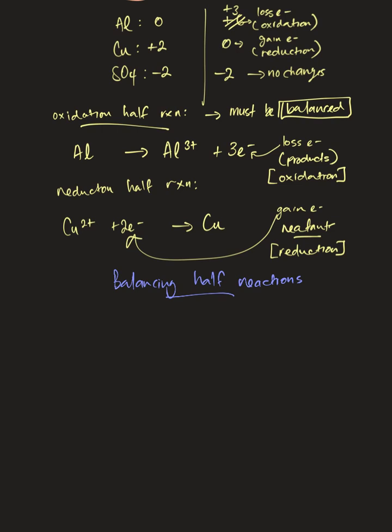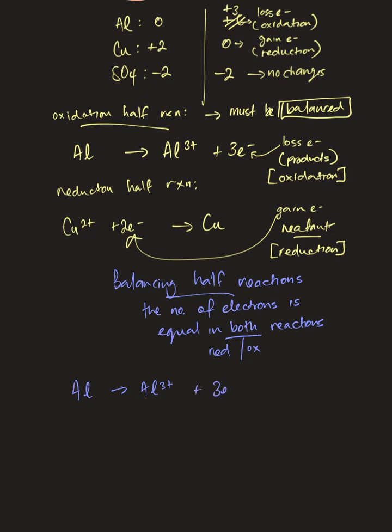And the goal in balancing half reactions is to make sure that the number of electrons is equal in both reactions. So when we mean both, we mean in the reduction and the oxidation. And now it's not. So what I've got here is I've got Al giving Al3 plus and 3 electrons.